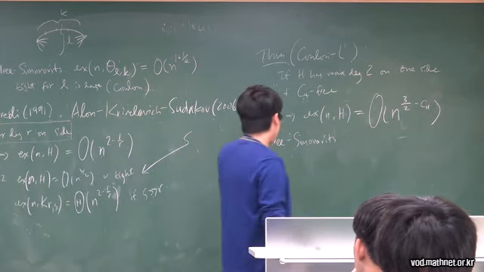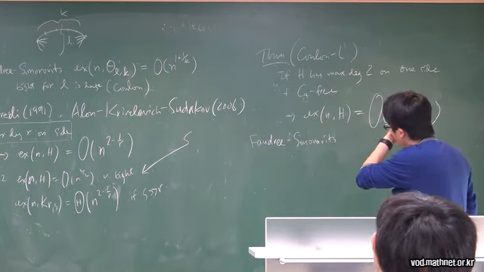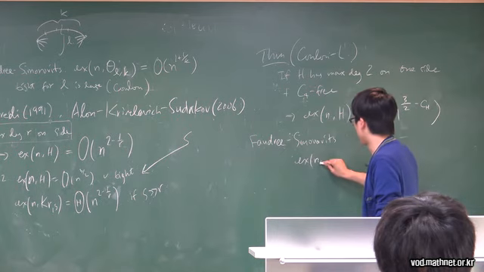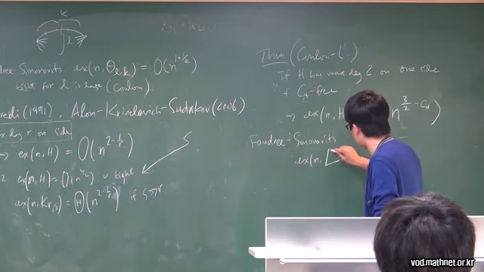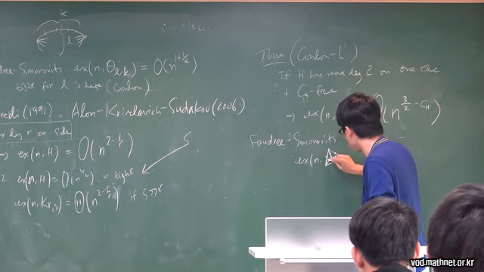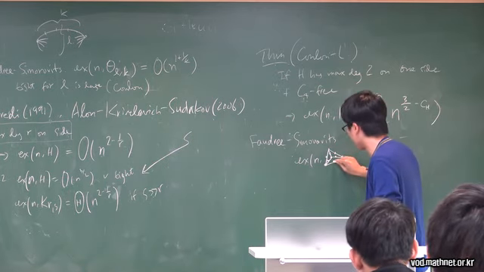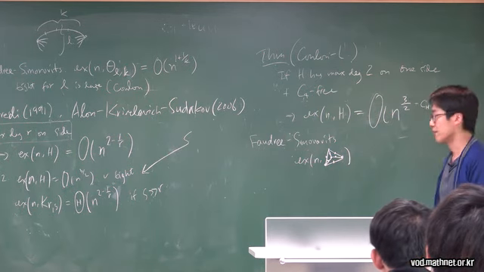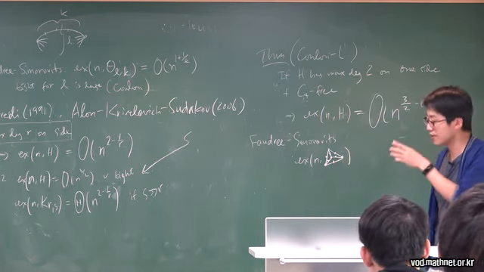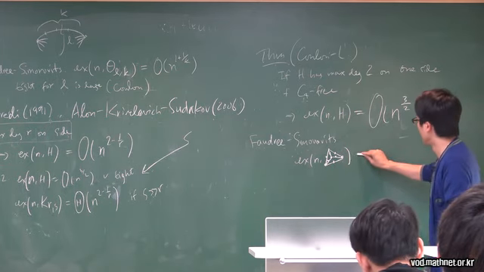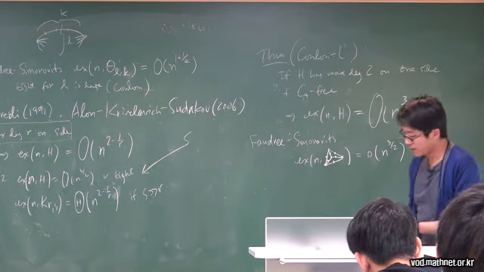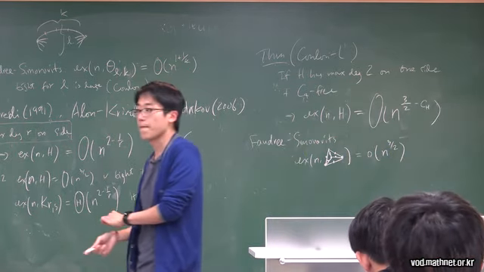There's an unpublished result by Füredi and Simonovits proving that the extremal number of one subdivision of K4 is little o of n^{3/2}. Let me explain what the subdivision is later, but let me just give the picture first. So this is a one subdivision of K4.